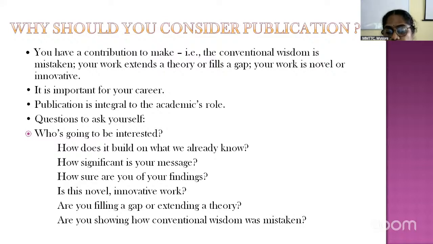How sure are you of your findings? Is this novel or innovative work? Are you filling a gap or extending a theory? Are you showing how conventional wisdom was mistaken? For this purpose, we must go for publications. As an academician, it is very important to see our academic work published.